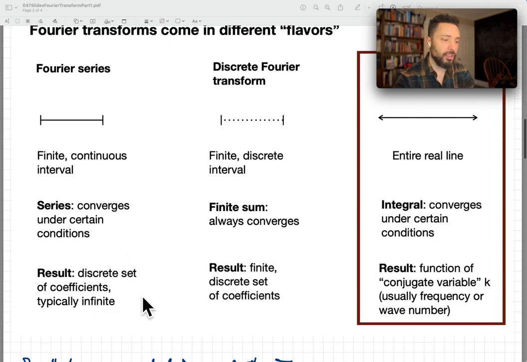So the discrete coefficients here that we called A_k, B_k, or C_k, depending on the form of the transform, are discrete coefficients that depend on the variable k. Now here we have a function of the conjugate variable which will be continuous, and usually this variable represents a frequency or a wave number depending on the physics of the context.